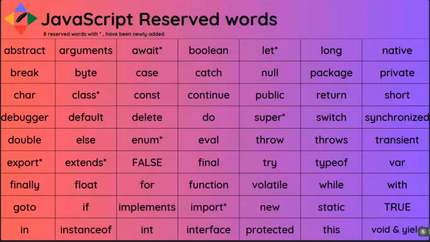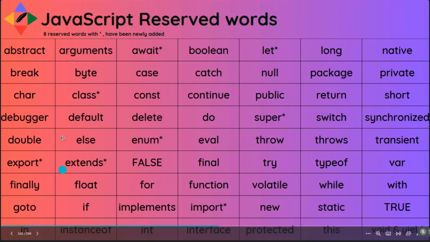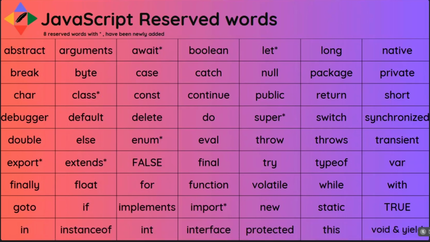Just to give you a snapshot of how many reserved words there are: almost 63, 64 reserved words are currently there as we speak today. These are all the reserved words: abstract, argument, boolean, long, let. All these are part of the JavaScript vocabulary.